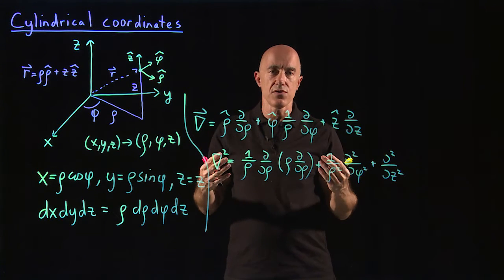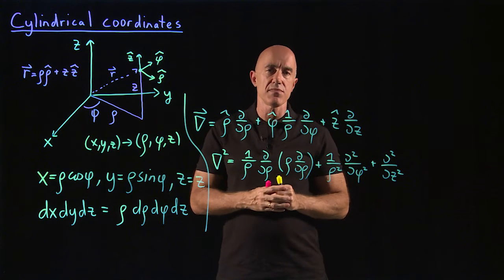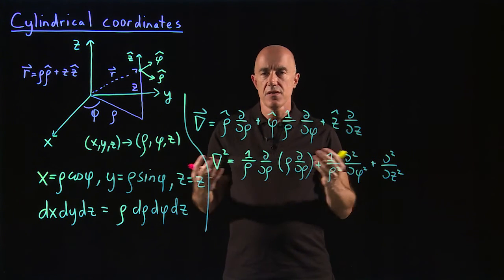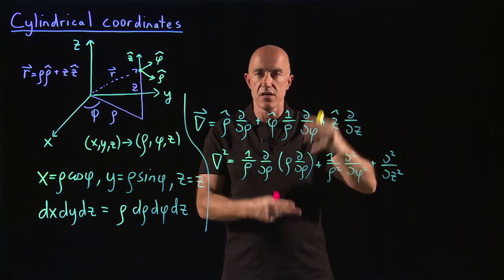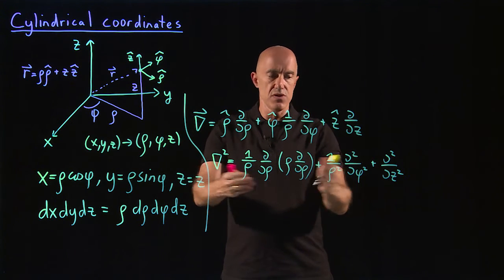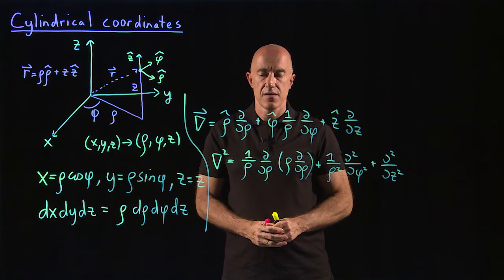So if you wanted to solve a PDE that has some sort of cylindrical geometry associated with it, such as the electromagnetic field inside a cylinder cavity, then you would need this form of the Laplacian.